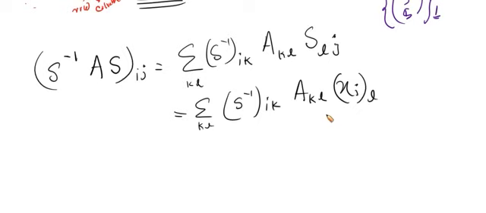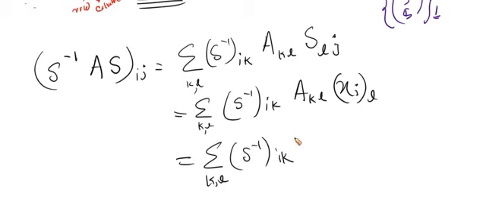Let's write it down first so that we don't get confused. So this is kl. Put a comma over here. S inverse ik, right? Because if you just get rid of this index notation, this is just matrix multiplication like this, S inverse A x, right?